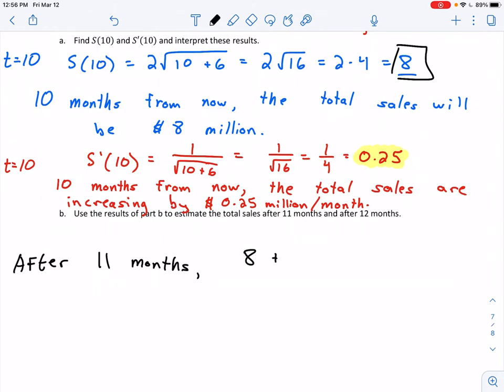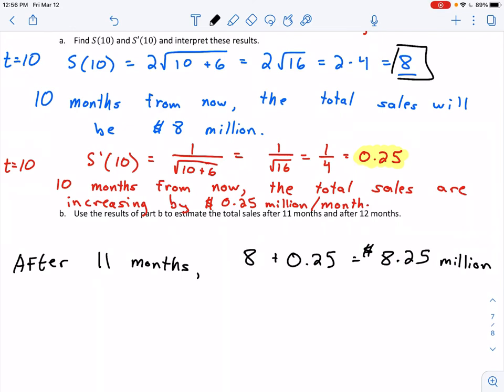So I'm going to add 0.25 to my 8, and I should have $8.25 million. Now note that this is not an exact value. This is just an approximation. And I'll actually show you what that approximation looks like at the end of this video.